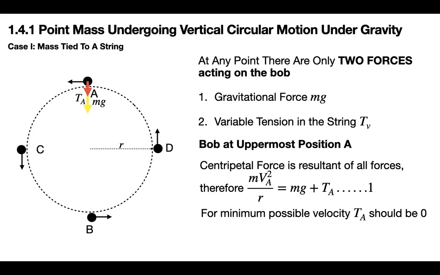So we get Va minimum is equal to square root of Rg. So the minimum velocity is the square root of Rg. As R increases, the Va minimum will increase.